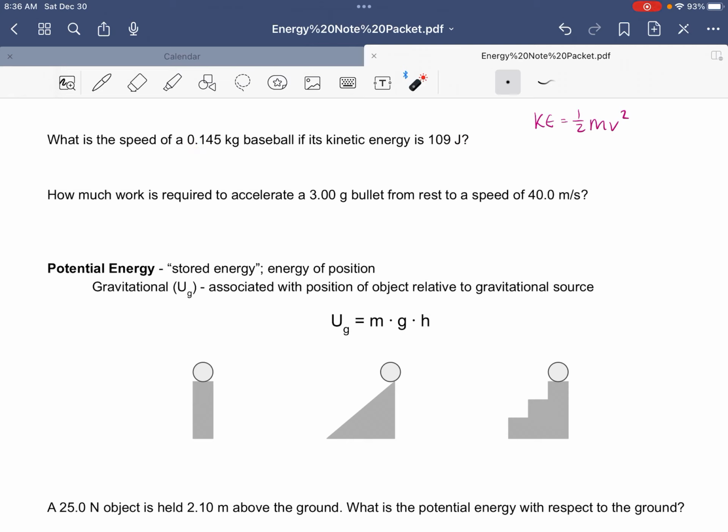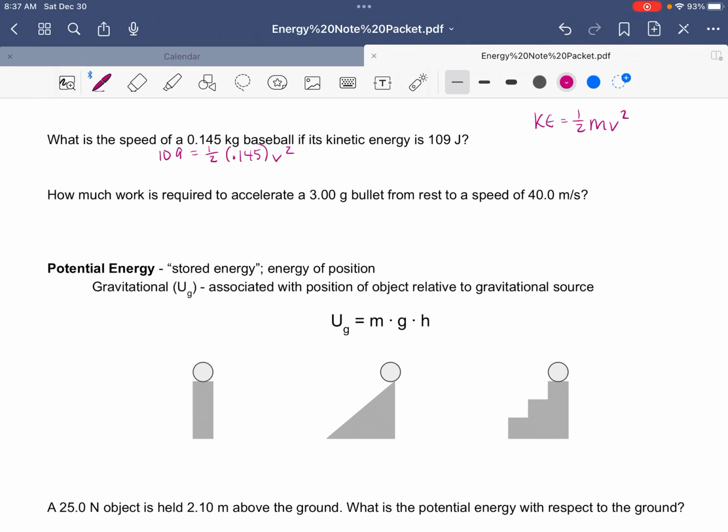They both are in the correct units, so we just have to solve for velocity. So 109 is equal to 1/2 times 0.145 times velocity squared. I would divide both sides by 1/2 times 0.145 and then take the square root of both sides. Let me do that in my calculator.